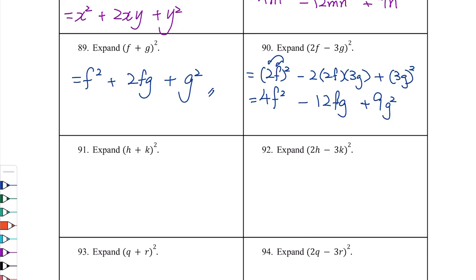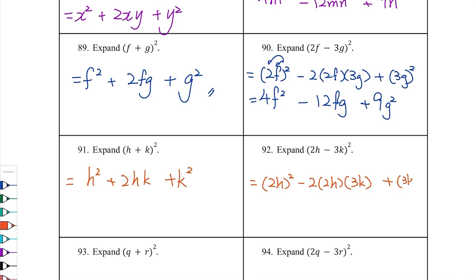So this is a square plus 2ab plus b square. On the left hand side it's easier, so I'm not spending too much time on that. And both of them are in the exam. It's just the unknowns are changed. You will have the easy one and also the harder one. So a square minus 2ab plus b square.